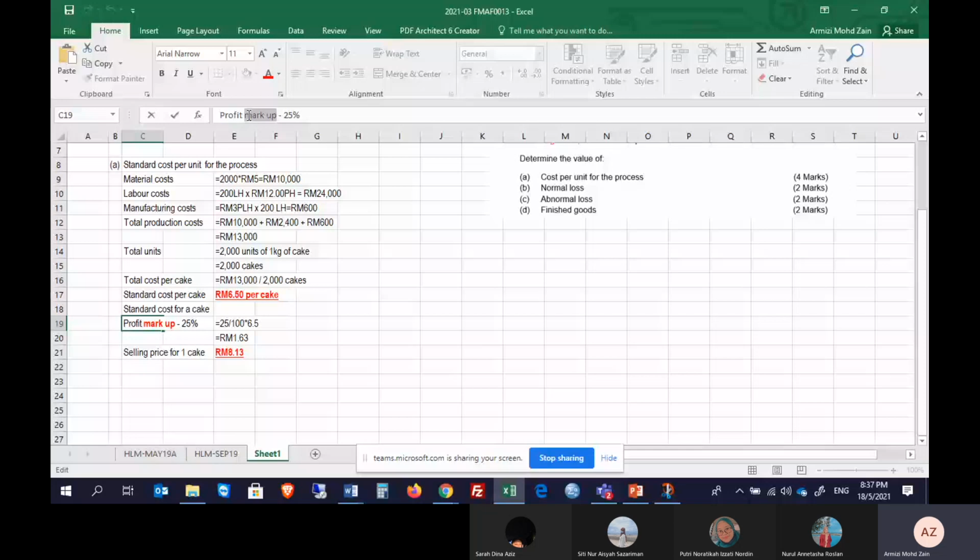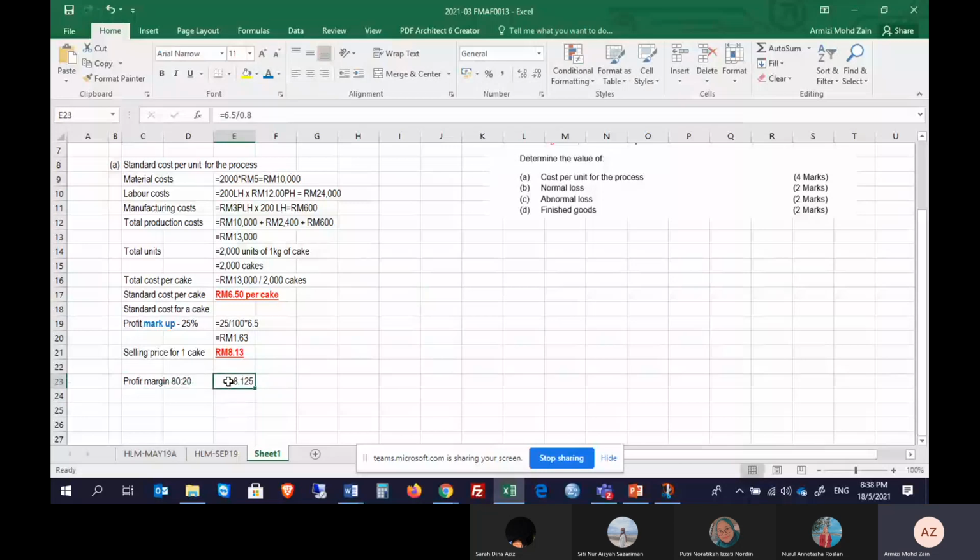Okay. Kalau dia kata profit margin, okay, profit margin ni dia kata 80-20 margin ya. Okay, so kalau margin dia guna RM6.50 divide by 0.8 lah, 80 sen ya, 80%.